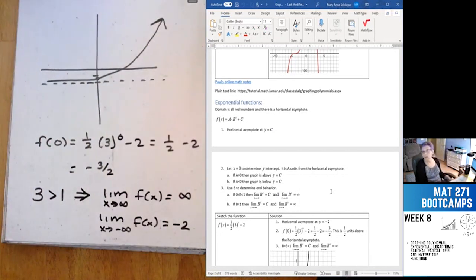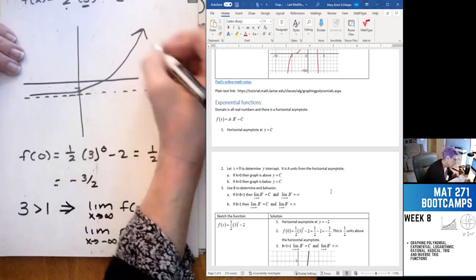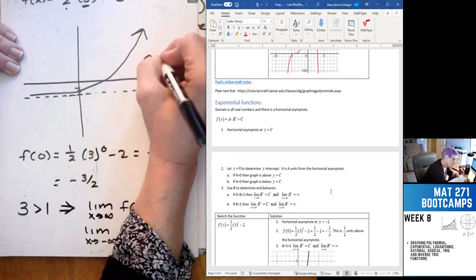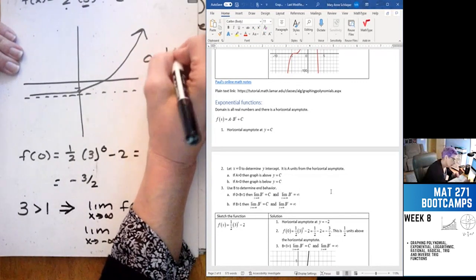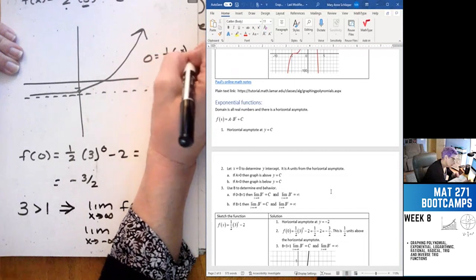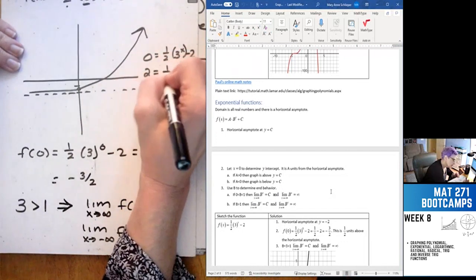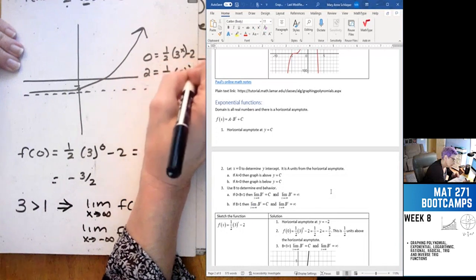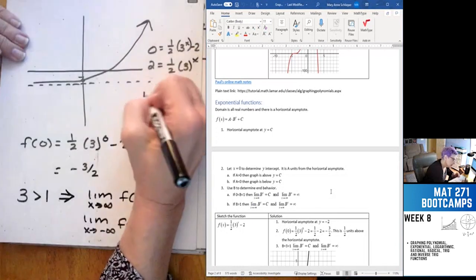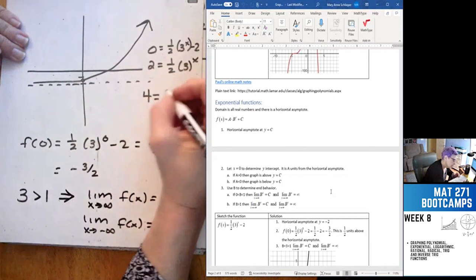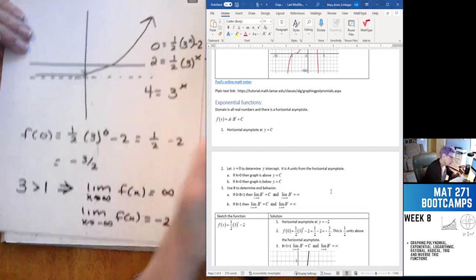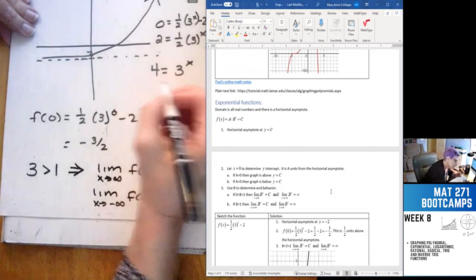We could figure out where it crosses the x-axis if we wanted to, just to get an even better graph. Then you would let 0 equal 1/2 3 to the x minus 2. So 2 is equal to 1/2 of 3 to the x. So 4 is equal to 3 to the x.